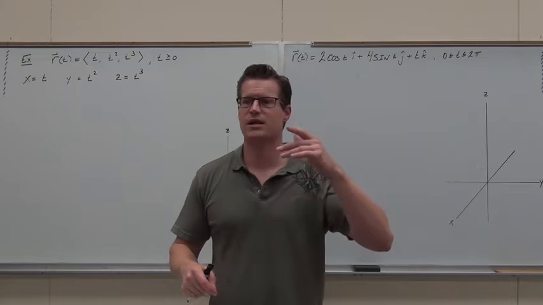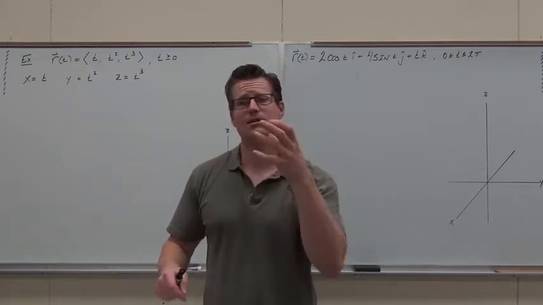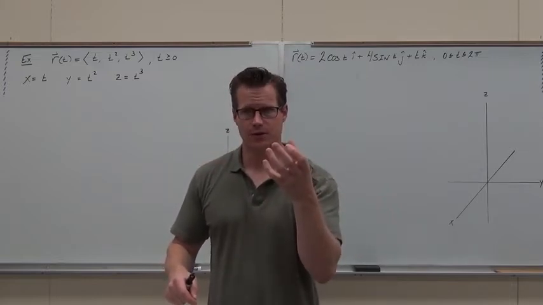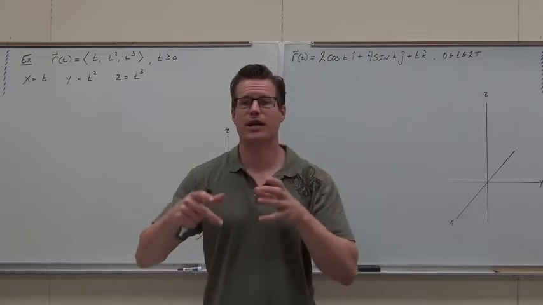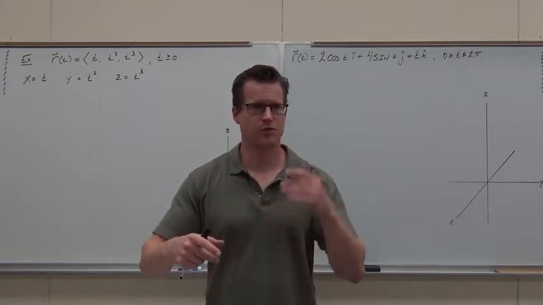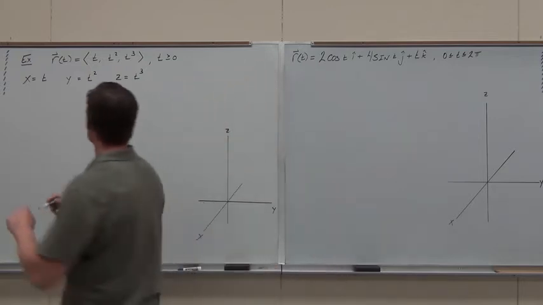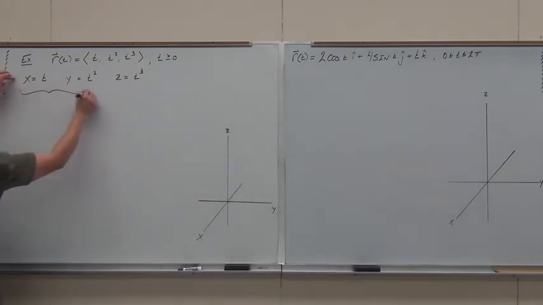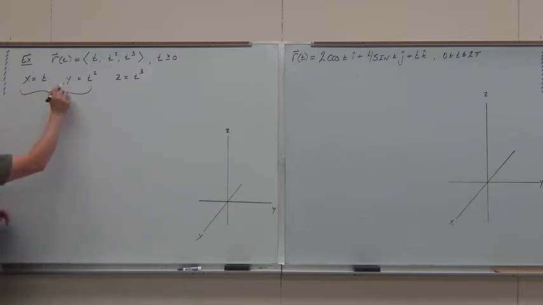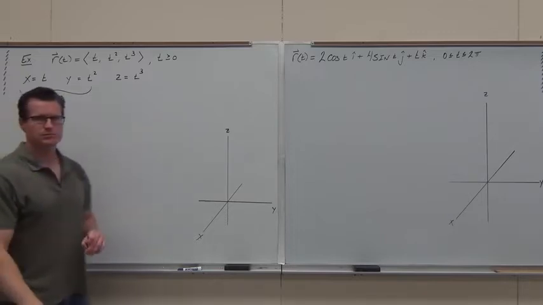So right now what I know is that because I've identified x, y, and z, our vector function, our curve, is going to be on a surface, not on a plane, on a surface. Right now the idea is find the surface. How we do it, I'm going to use these two. Make it as easy as possible. I'll give you some notes on that in a second. If x equals t and y equals t squared, then y equals x squared.